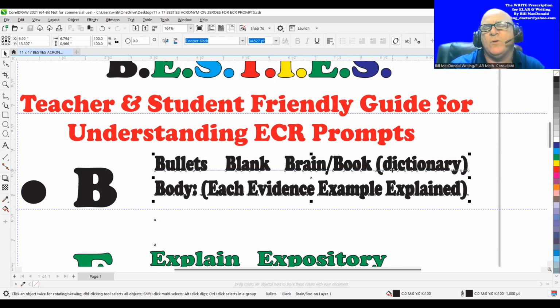So the more that you can add some of those words from the character trait pages that I made for you, the more your students are going to be prepared in their brains without having to spend so much time going into the book called the dictionary.